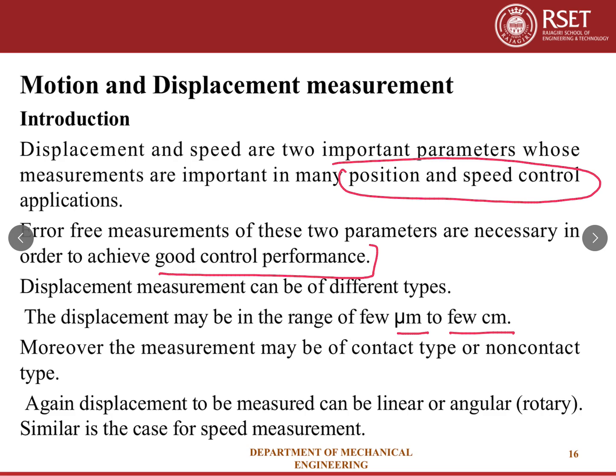So we have different types of displacement measurement based on the range of measurement, contact or non-contact type, and linear or angular measurement. Similarly, for speed measurement we also have different classifications.